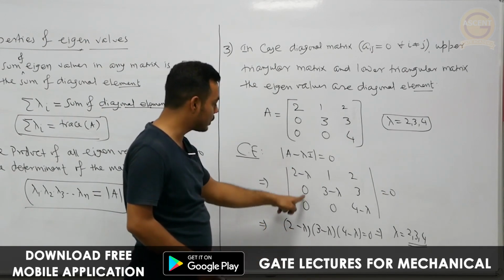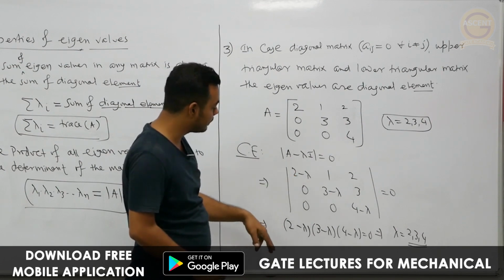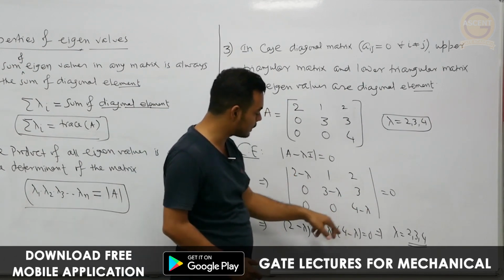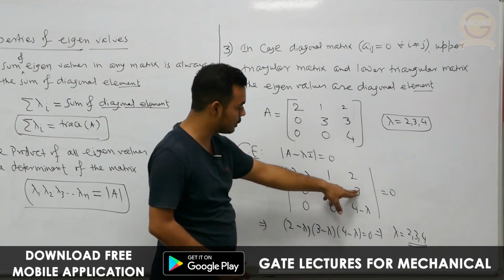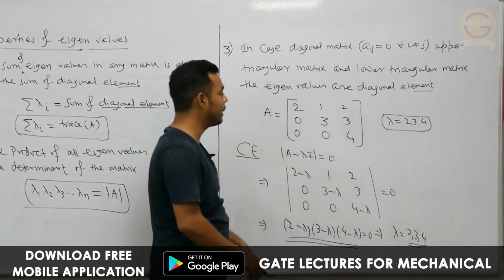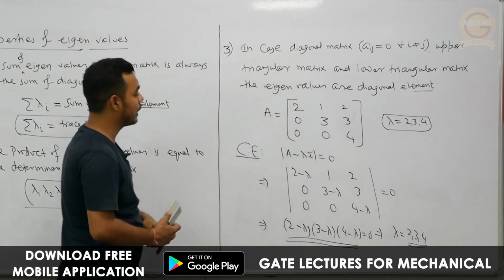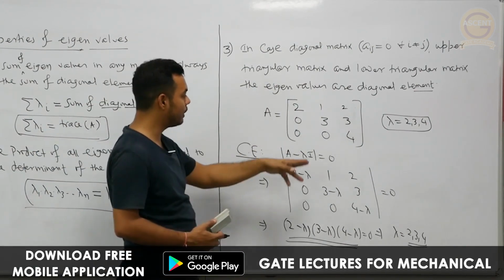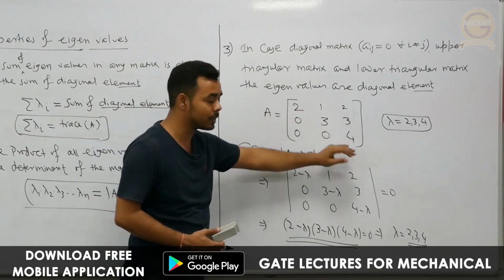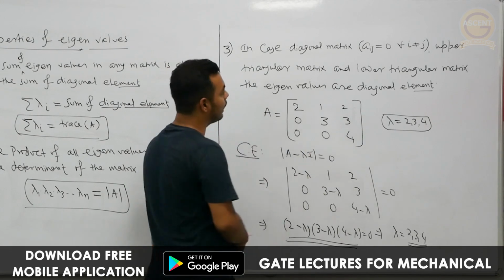You can see that if I expand along the first column C1, then I will get 2 minus lambda, 3 minus lambda, 4 minus lambda, minus 3 into 0. So this term will become 0. So you will get the same characteristic equation. So whether the matrix is diagonal, upper triangular or lower triangular, the characteristic equation for all three will be the same if the diagonal elements are the same. So in that case, these diagonal elements will simply be the eigenvalues.